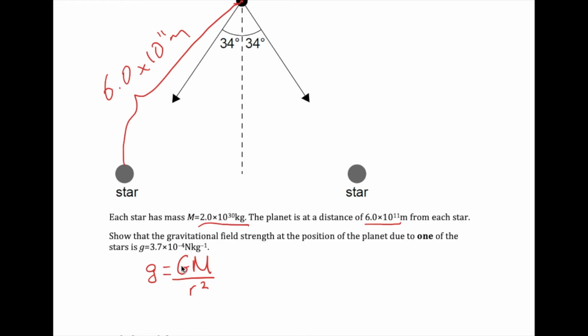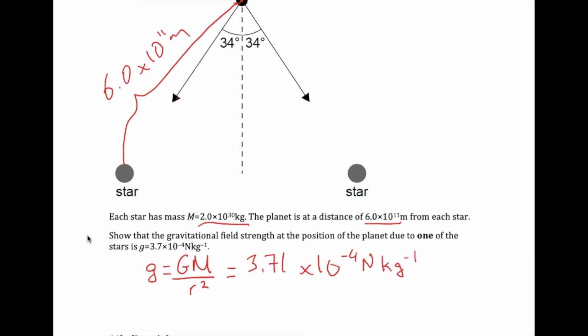So G, which is the value given in the data booklet table of contents, first row, mass is this. The r you would use from planet to each star is this. Basic substitution will give 3.71 times 10 to the power of minus 4 newton per kilogram. That's the value of each vector.